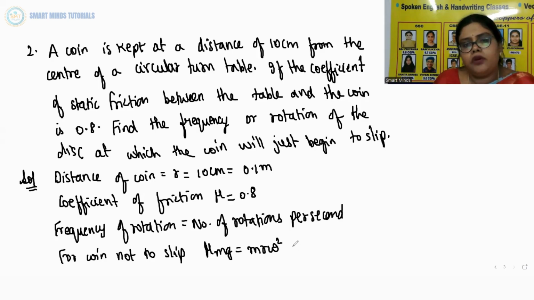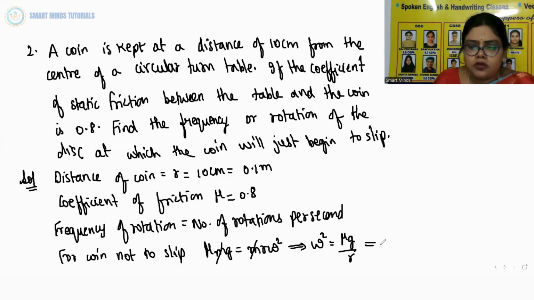From here, if you want to find out omega, omega square equals, here m and m get cancelled, omega square equals mu g by r. So we get omega equals root over mu g by r.